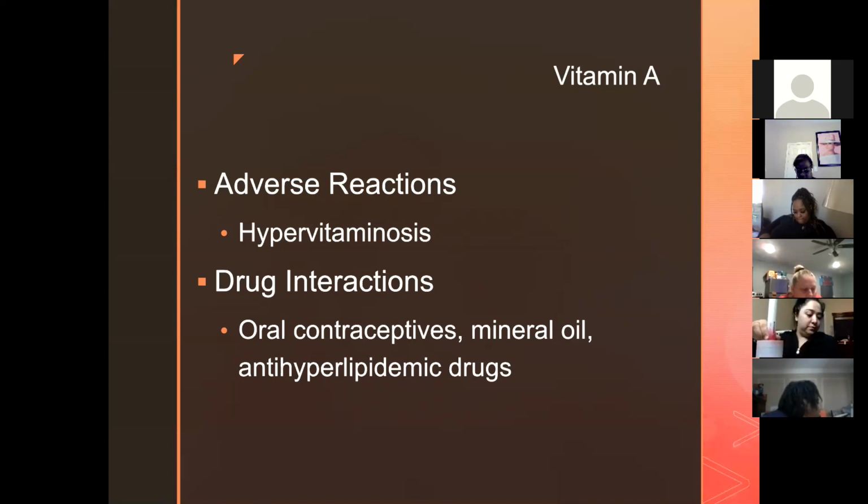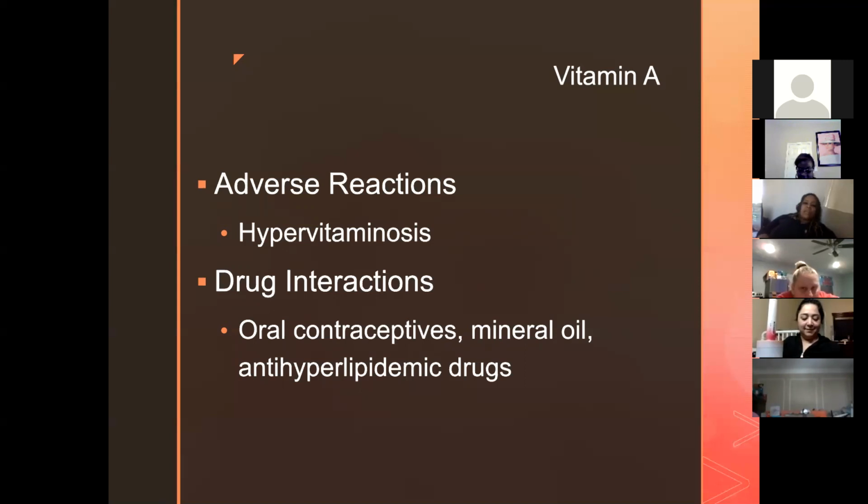If they have too much, then they can have some visual problems, you'll notice some changes in their skin, and they may have some bone pain as well. So that's what we're looking out for if they're taking too much vitamin A, right?